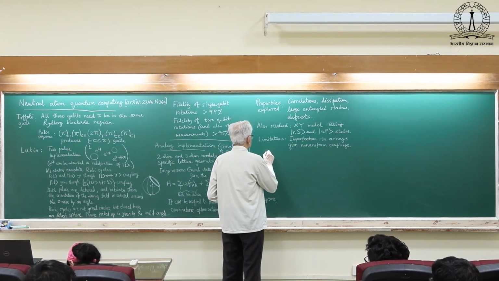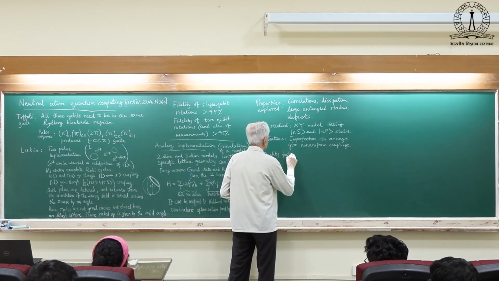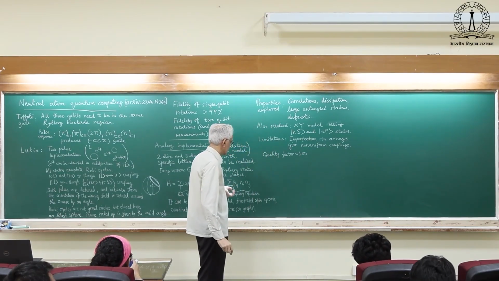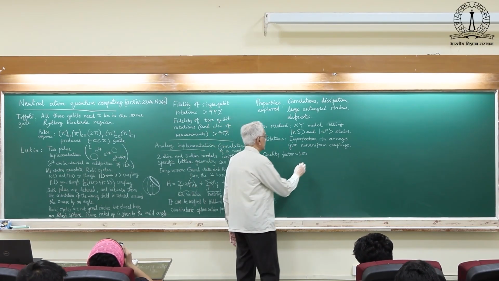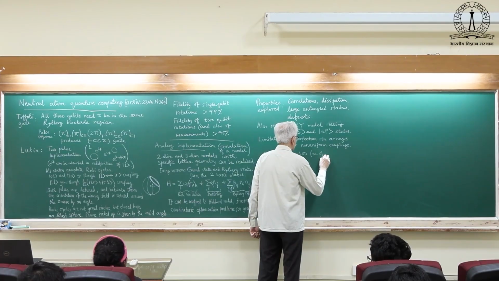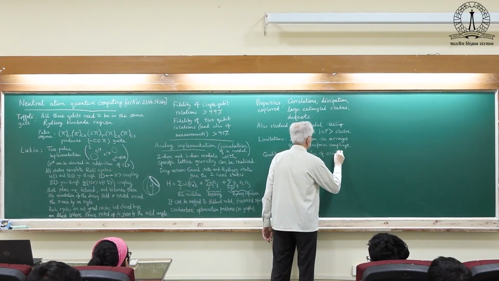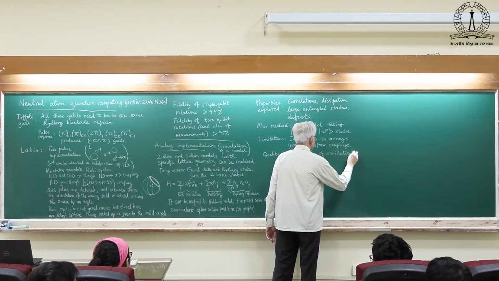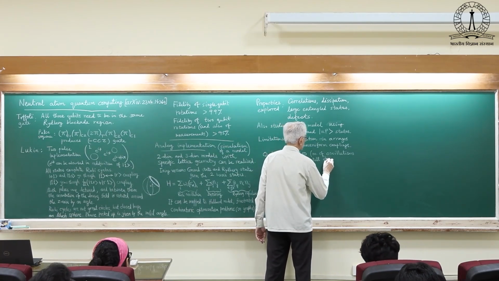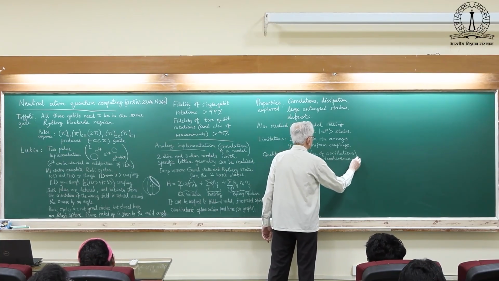So there is something called a quality factor, which in this scenario is about 100, and the way this is defined is a number of oscillations till the system decays.